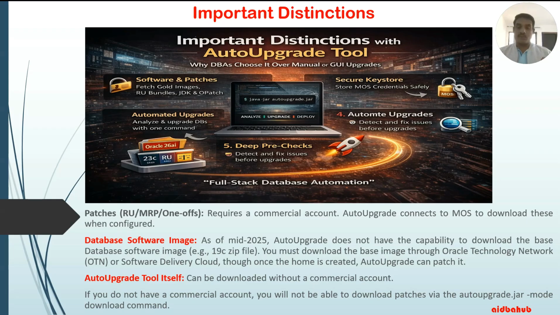You must download the base image through Oracle Technology Network or Software Delivery Cloud. Once a home is created, Auto Upgrade can patch it. The Auto Upgrade tool itself can now be downloaded without a commercial account. If you do not have a commercial account, you will not be able to download patches via the autoupgrade.jar -mode download command. So these are the important distinctions.